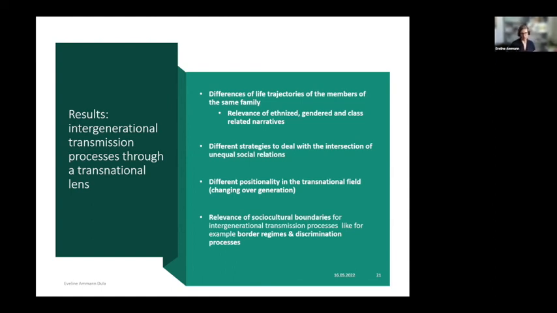And this is a very interesting point, the different positionality in the transnational field. Migrants know about different possibilities, of upward and downward mobility, but sometimes in a transnational comparison, it's still a win for them. And of course, other reasons are also very relevant, that we can find out when we take the time to listen to their stories.